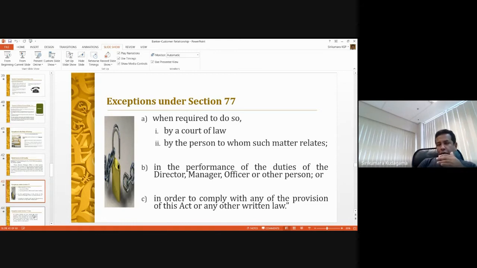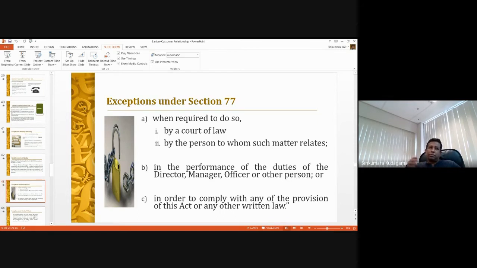If a court of law requires information to be given to somebody, despite the fact that the bank customer relationship is there, Section 77 of the Banking Act is there, the banker can give information to such a third party because there is a valid court order. That court order would enable the banker to go against the banker's secrecy towards the customer information and divulge information to a third party.